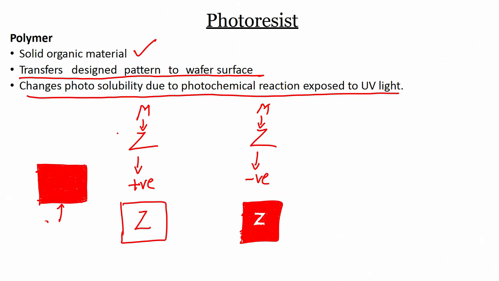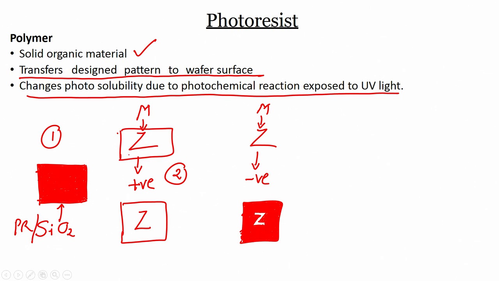This is my wafer, silicon wafer or oxidized silicon wafer, right, on which there is a photoresist, correct. Now, this is my substrate. If I use positive photoresist, then if I have a mask which looks like this, which is Z, right, then I will retain the similar pattern.